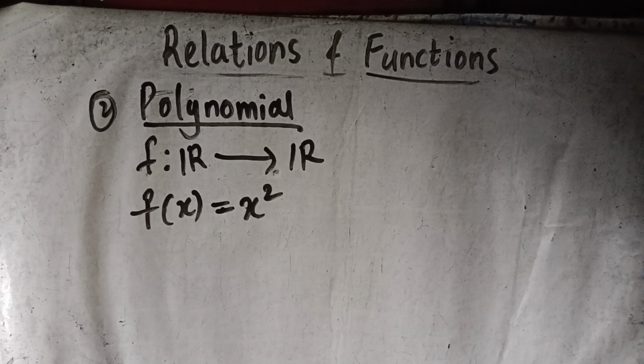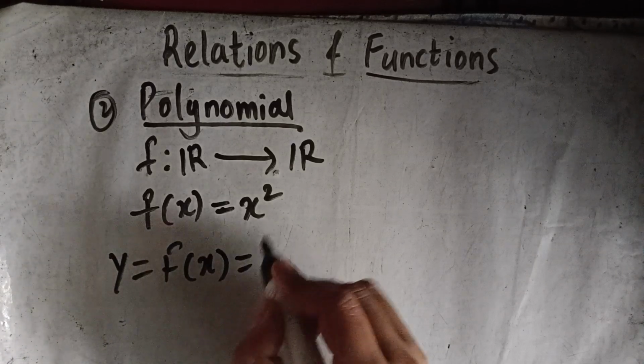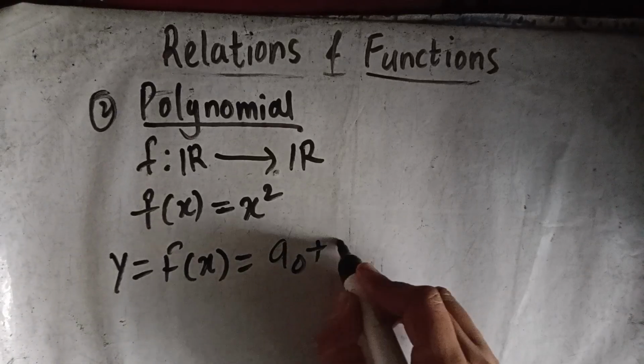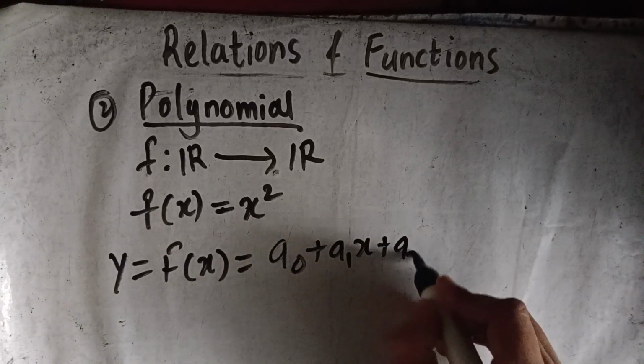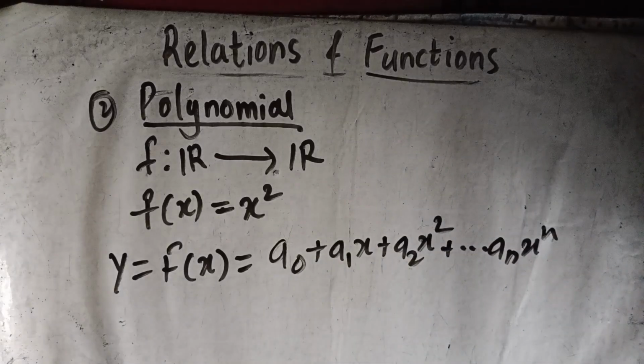So polynomial function, in general also you can write, that is y is equal to f of x. This is just an example of polynomial function: a0 plus a1x plus a2x square plus dot dot dot an x raised to n.